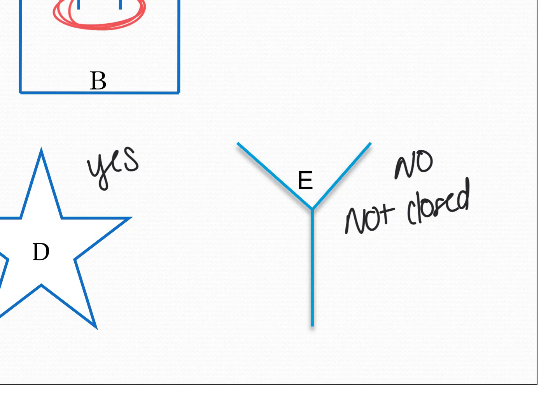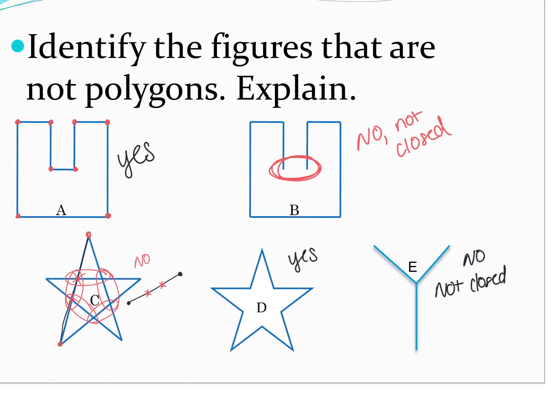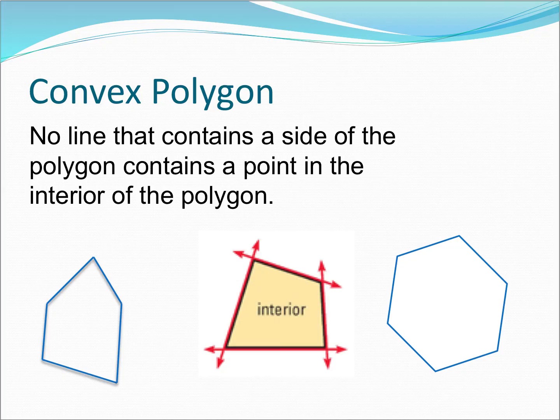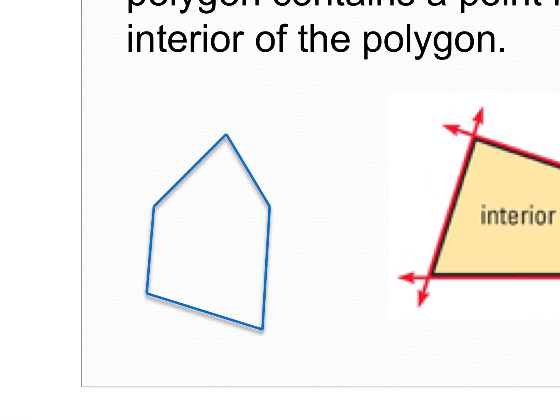All right, convex polygons. No line that contains the side of a polygon contains a point in the interior of the polygon. I know that's a lot of words. What does that mean? If something is convex, that means if I were to take my pencil, ruler, or whatever, and continue drawing this line right here, let me get a blue one.